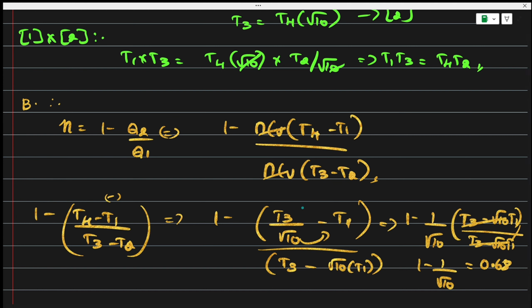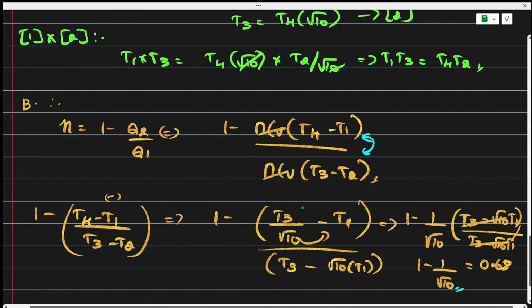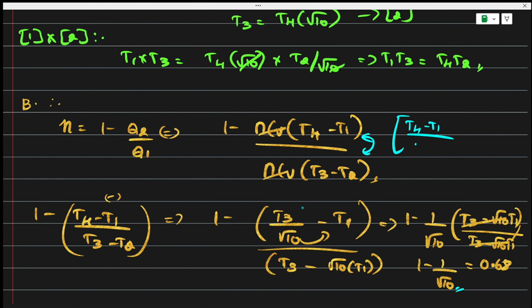I have solved this numerator and denominator to get the value 1 by root 10. So I can say that T4 minus T1 divided by T3 minus T2 is equal to 1 by root 10. If you don't understand it, you can compare: eta is equal to 1 minus T4 minus T1 by T3 minus T2, that is equal to 1 minus 1 by root 10.